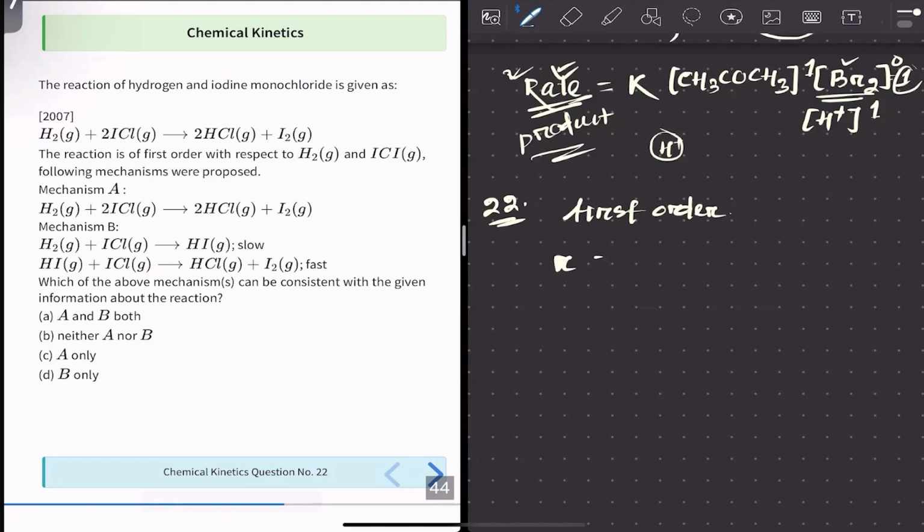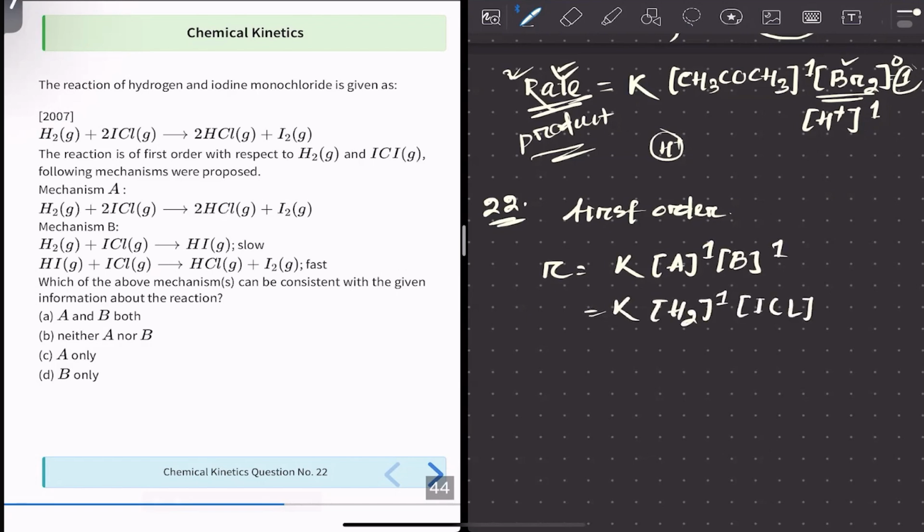If we write the rate law, A^1 B^1, where A is hydrogen and B is ICl. So the rate law would be this.